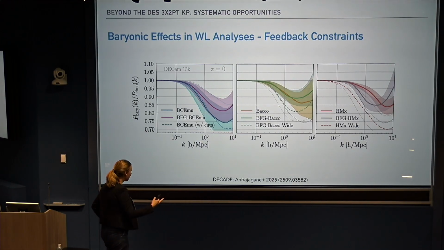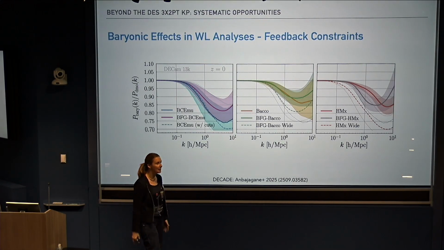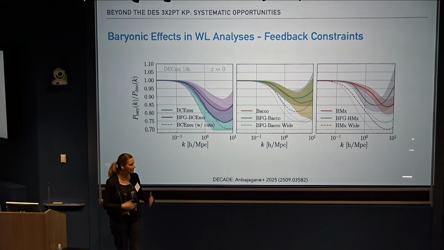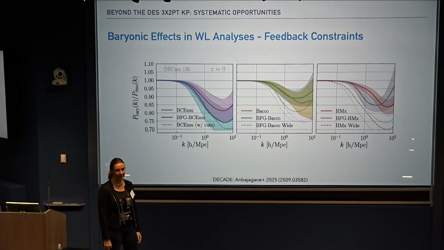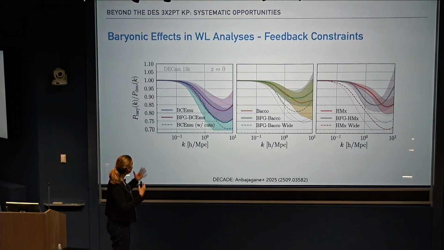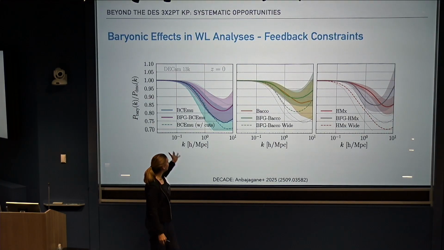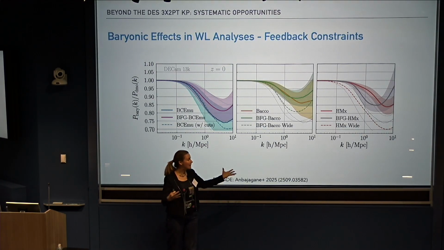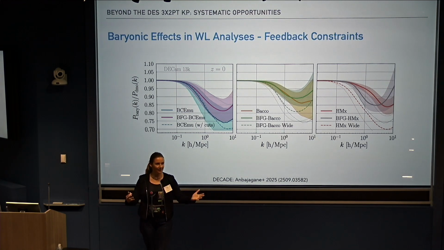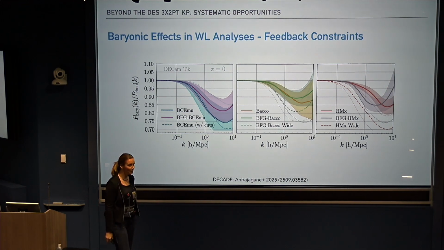Now, data is getting better. Recently, DECADE, so that is an extension of DES using DECam, resulting in a sample of 270 million galaxies. So quite some increase in constraining power. Now it finds somewhat different matter-power spectrum suppression depending on which baryon model they use. So that's definitely something to work on in the future.